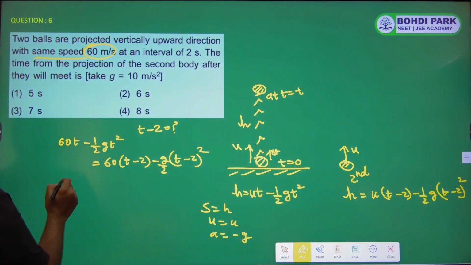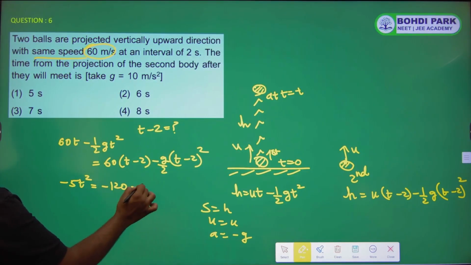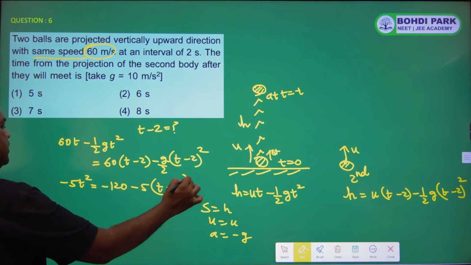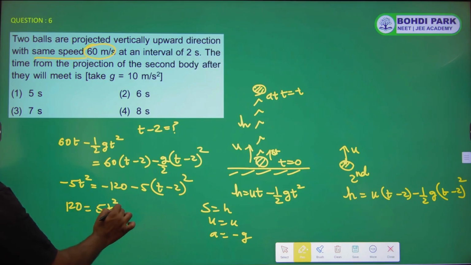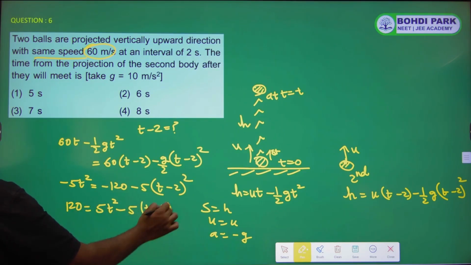60t cancel, so minus 5t square is equal to minus 120 minus 5 into t minus 2 square. So 120 is equal to 5t square minus 5 into t minus 2 square.